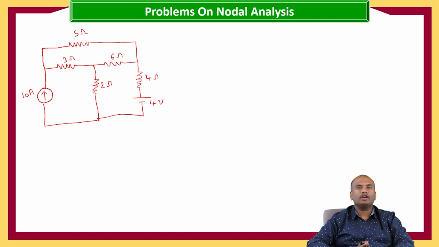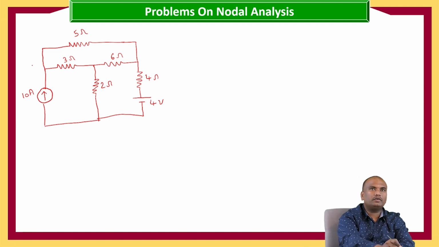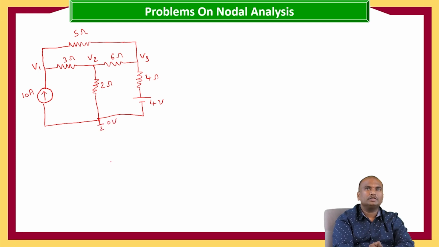Here in all the equations we'll get all the nodal voltages. That is the different case in this. Here this is the node 1 voltage V1, node 2 V2, node 3 V3, and this is at 0 volts.